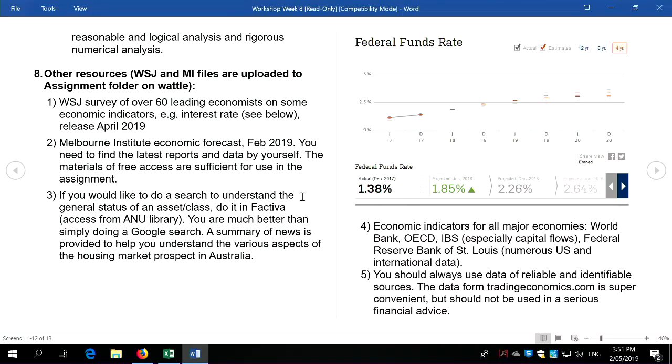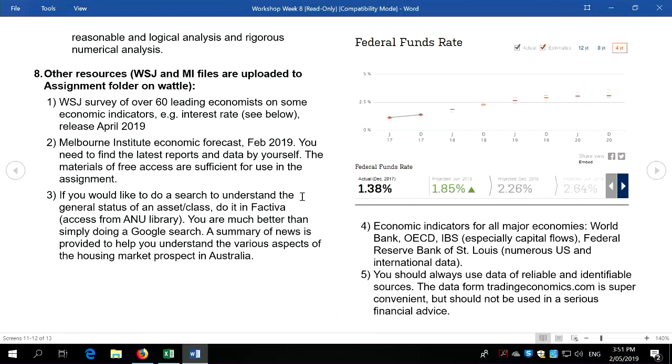You can have a look at these different aspects to understand the drivers of the residential property market in Australia. If you're going to do a search, use Factiva from the library. Do not do Google search. That's too general. And that's for mom and dad investors. You are professional. You should be using something that's used by professionals.